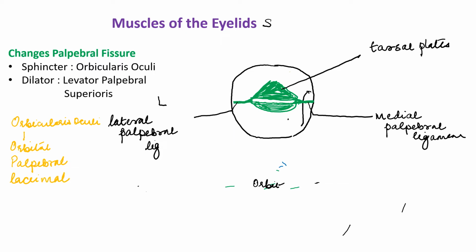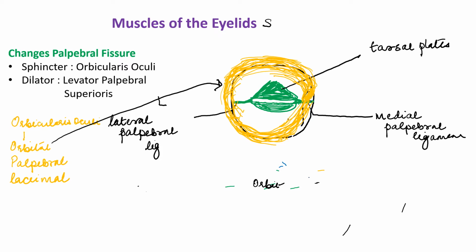The orbital part of this muscle arises from the medial palpebral ligament and from the surrounding bone on the medial side of the nose and forehead. It goes all around the orbit, from the cheek, and then goes back and gets attached to the medial palpebral ligament. So it has no lateral attachment. It arises from the medial palpebral ligament and gets inserted back into the medial palpebral ligament. This is the orbital part of the muscle.